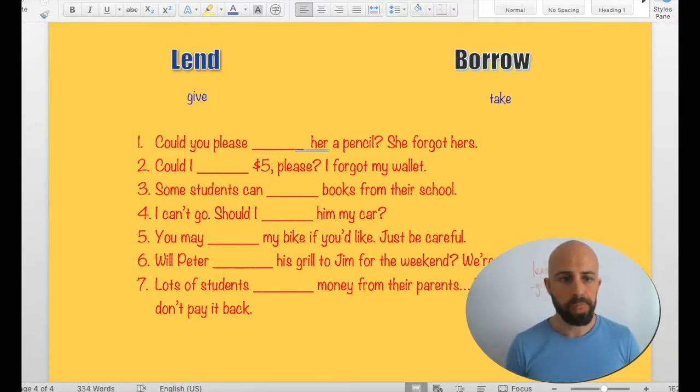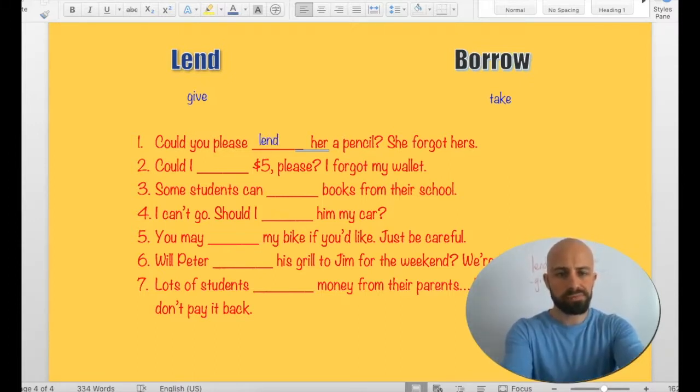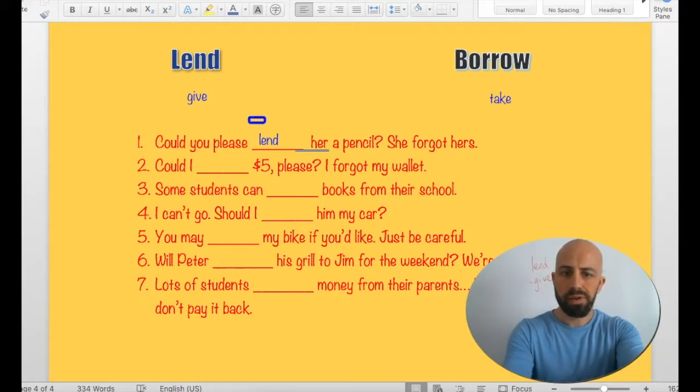So number one, could you please blank her a pencil? She forgot hers. What do you think goes in here? Did you say lend? If you did, it's correct. Could you please lend her a pencil? She forgot hers. There's a little trick to know if it's lend or borrow. Sometimes, not every time, but lend would have the personal object behind it.